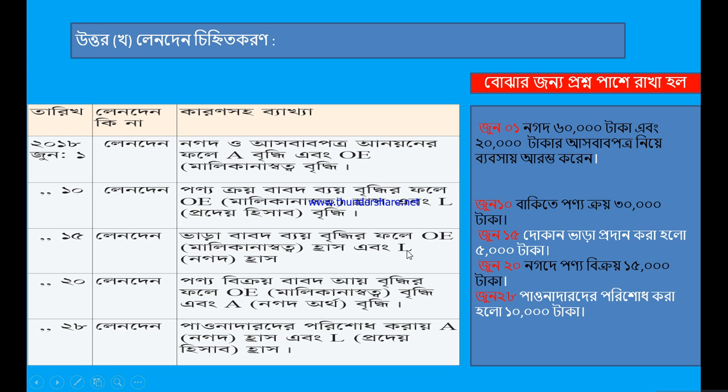Okay, not L. It will be A. Assets have decreased and owner's equity has decreased. Rent provided in cash 50,000. Owner's equity will be decreased, and cash has gone. This is why cash, meaning assets, will be decreased.